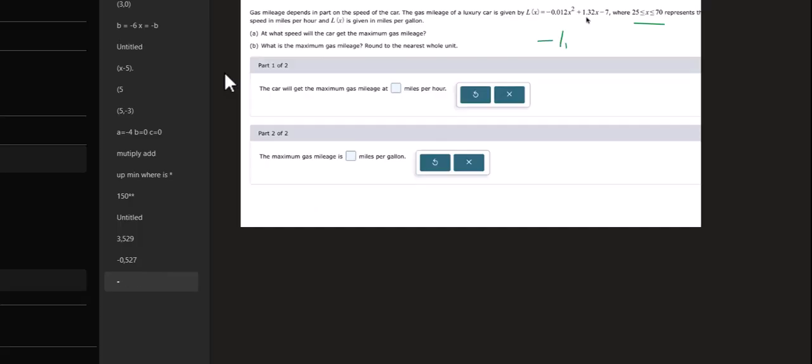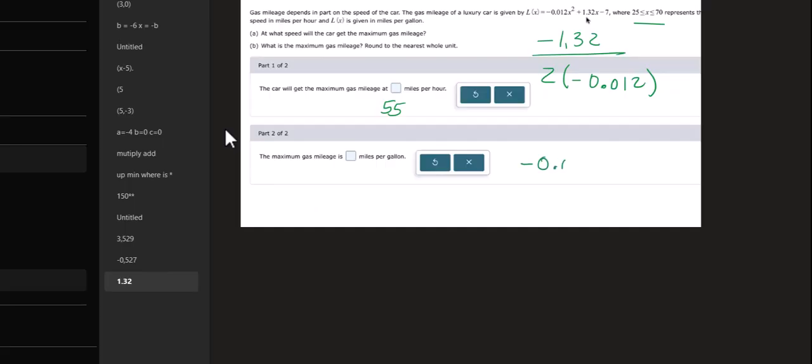The at what or the where or the when, that's always going to be the x. The what is always going to be the y. So minus 1.32 over 2 times negative 0.012. Again, be careful that you use parentheses. I get 55. And then I just checked to make sure that was in my range, and it is. Don't think they give you one where it's not. And then the maximum gas mileage, you plug that in.